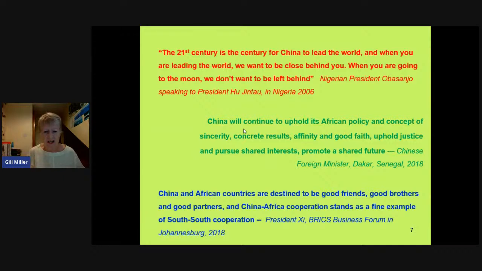And finally, President Xi in 2018, we'll come back to the business forum and so on: China and African countries are destined to be good friends, good brothers, and good partners. And the China-Africa cooperation is about South-South cooperation.